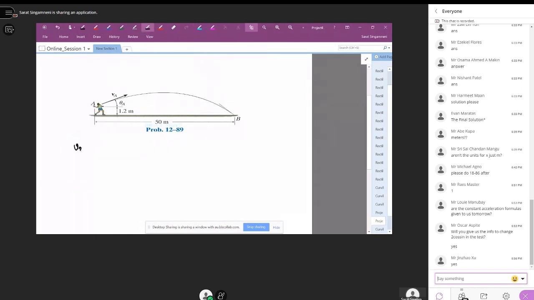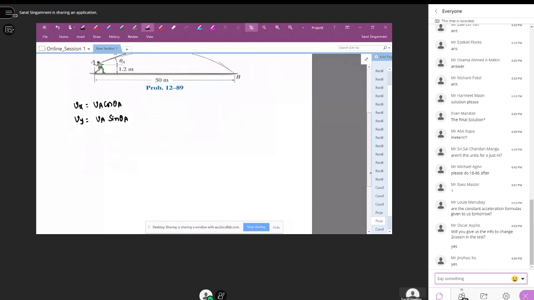Vx, the x component at the start, is VA cos theta A. We can't do anything more than that, leave it like that. Vy is equal to VA sine theta A. So leave it like that. The total time T for this flight is 2.5 seconds. It is given. Leave it like that.